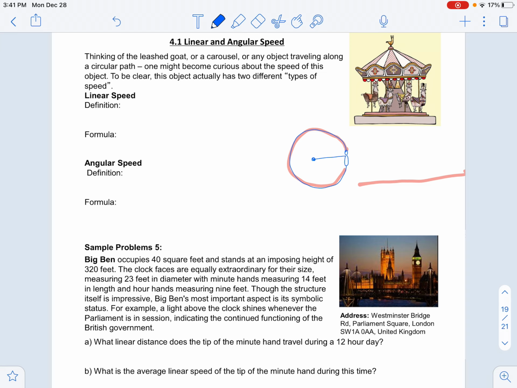So the definition of linear speed is how fast an object is moving if it was moving in a straight line. So you basically are looking for a distance divided by time.